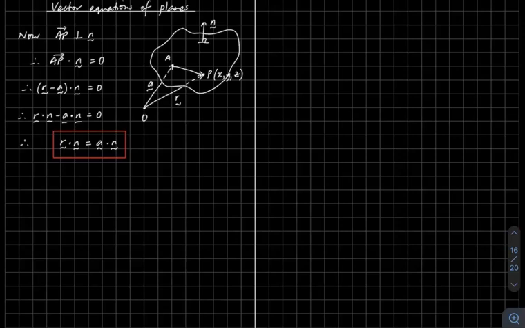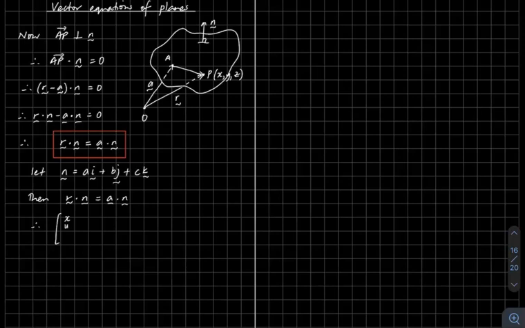Now before we go and do an example, I'm going to just relate that to the Cartesian equation. So let's let the vector n actually have components a for its i component, b for its j component, and c for its k component. And so we can say then that the vector equation of the plane, which is of this form here, is going to be, well, R is the position vector of the point which has coordinates x, y, z.